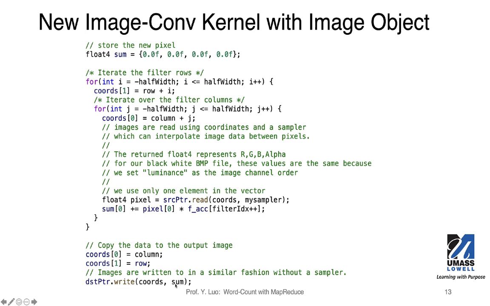We will write the value sum to the corresponding location. So the new pixel will be put into the output image. So that's a different implementation of the image convolution using image objects.